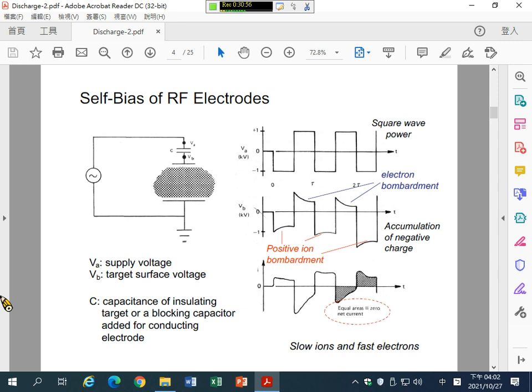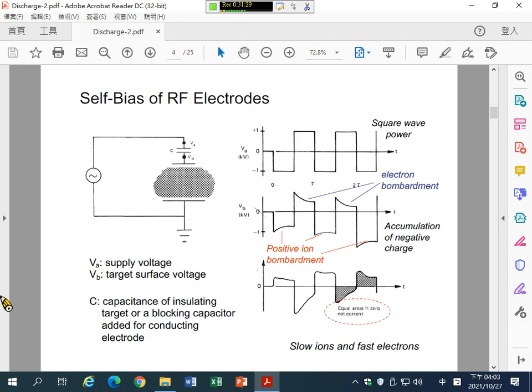They apply the negative voltage for a certain time, and then switch to positive, plus 1,000 volt for a certain time, and then minus 1,000, plus 1,000, this way. This is the waveform of the RF output, and it is also equal to the VA reading here.